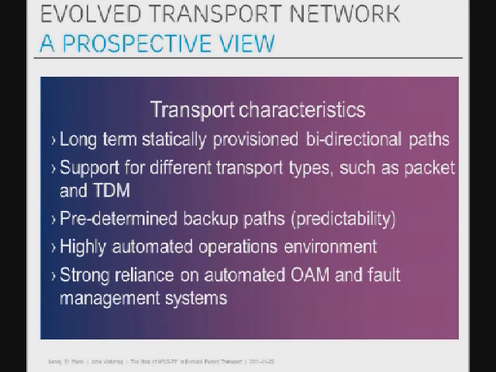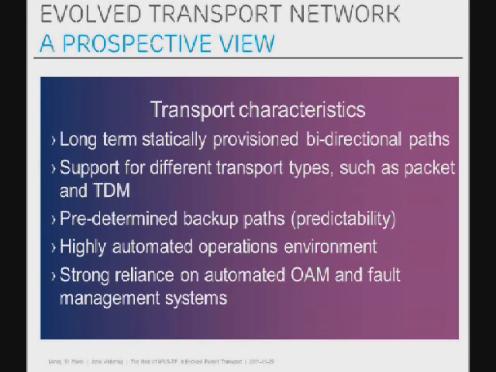So if we want to evolve this layered approach, what are the transport characteristics we need to look for in order to make it better than what we have today? First of all, many of the things we've been using in today's architecture are well proven, so we should not change the things that have turned out to be working.